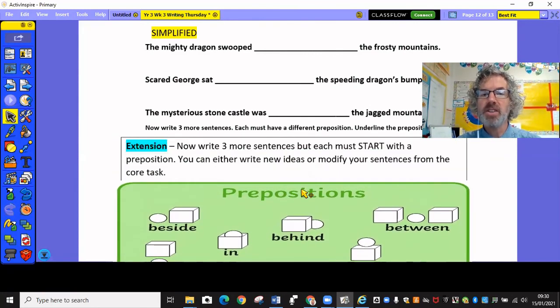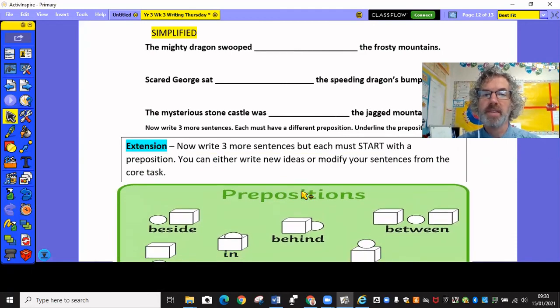There is an extension though, once you finish the core task. It says, now write 3 more sentences, but each must start with a preposition. Now you can either write new ideas or you can modify your sentences from the core task.